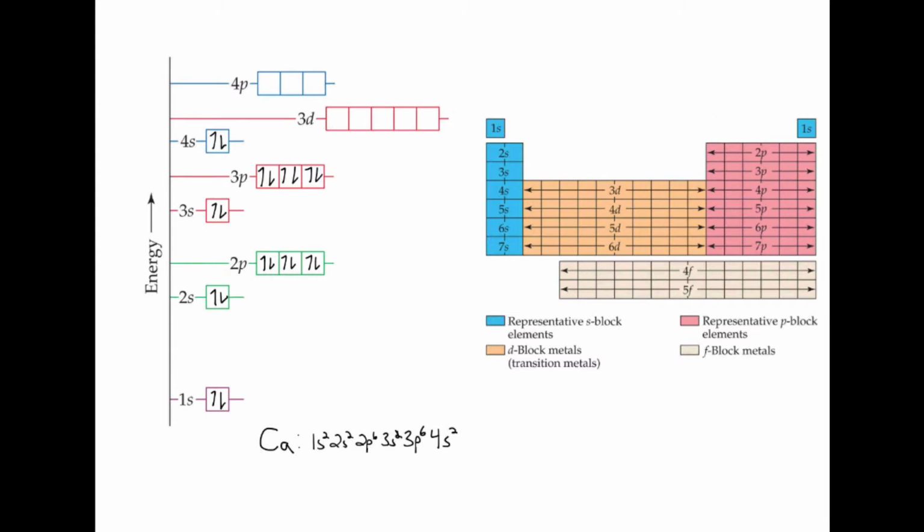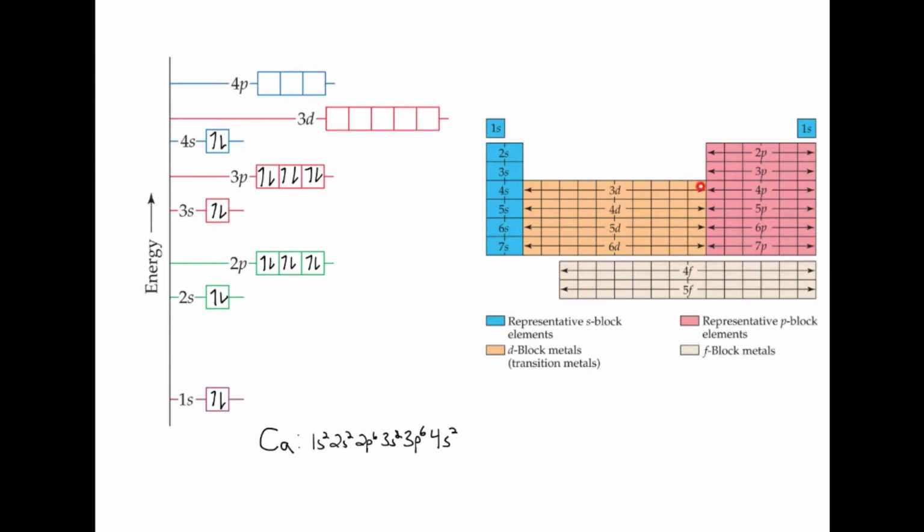This would be the first row, second row, third row, fourth row, etc. But the d block, what we call the d block here, begins with principal quantum number 3, and that's again a consequence of this orbital structure. The reason behind all this is evident based on the orbital model. We know that the 3d orbitals come after the 4s, and that's why we see elements listed here directly after the 4s.